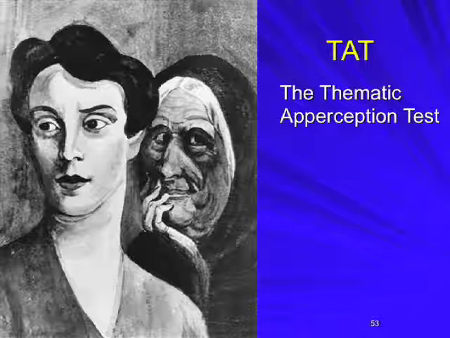There are 31 total, but the usual number selected is between about 10 and 14, sometimes up to about 20 cards. These original 31 cards used to be divided into 3 categories: one for use with men only, one for use with women only, and some for use with subjects of either sex. But recently, practice has moved away from using separate sets of cards for the genders.